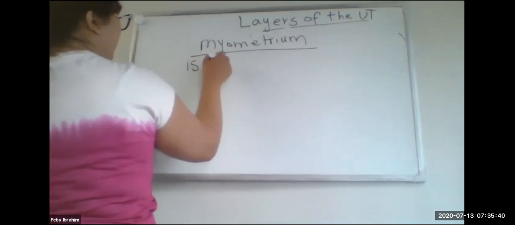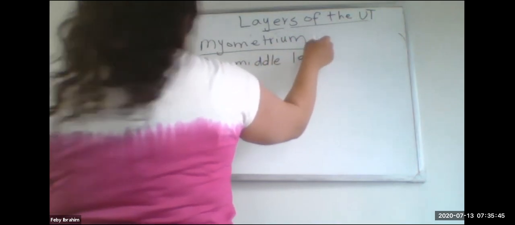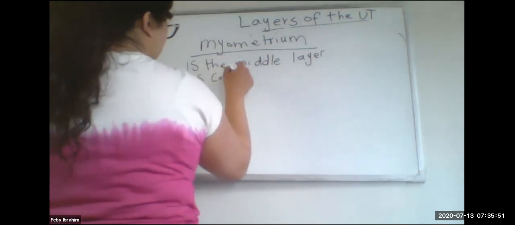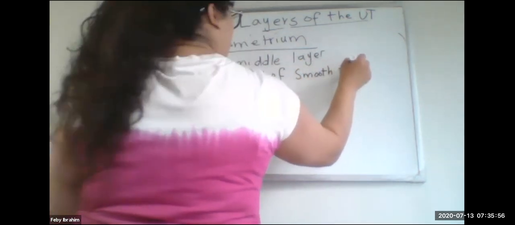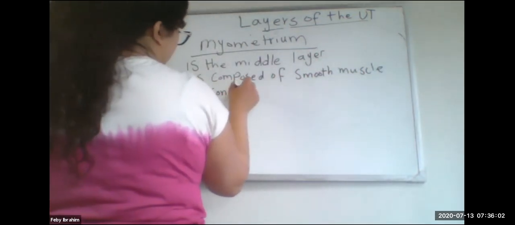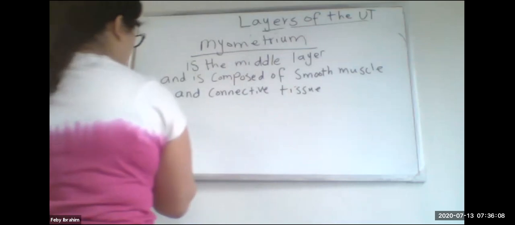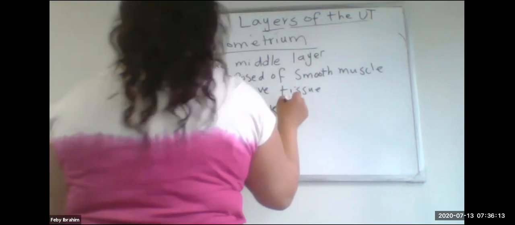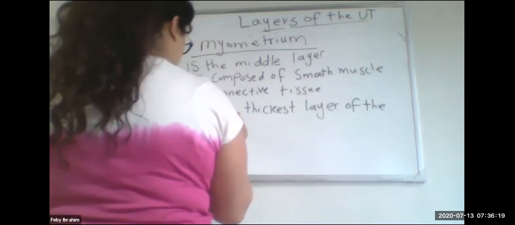So this one is the middle layer, and is composed of muscle and connective tissue. This one is the thickest layer of the uterus.